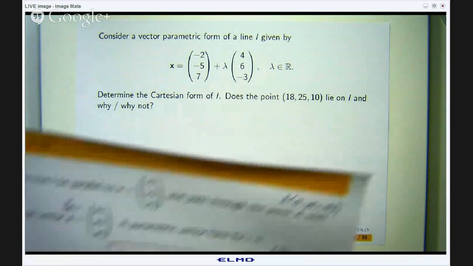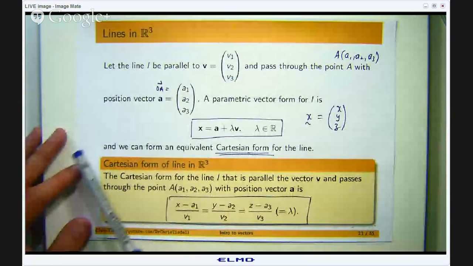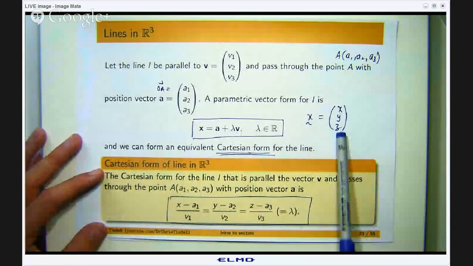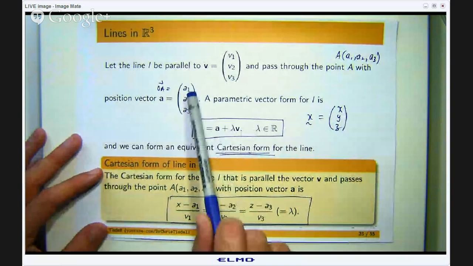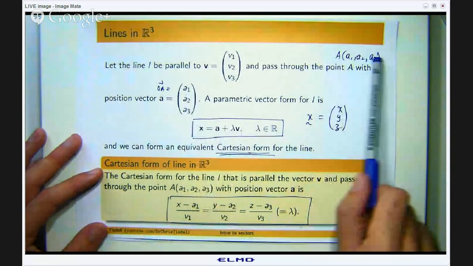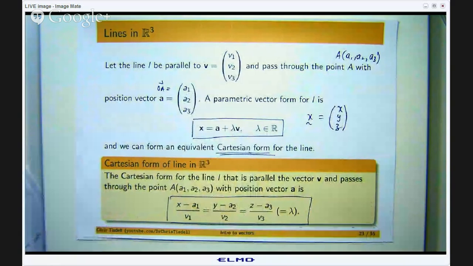Okay, so let's quickly have a look at what we did in previous presentations. In three-dimensional space, we can have a parametric vector form involving this type of column vector for the points on the line. A is a position vector of a point on the line with these coordinates, and V is a vector parallel to the line, and lambda here is just a real number, and it's the parameter.